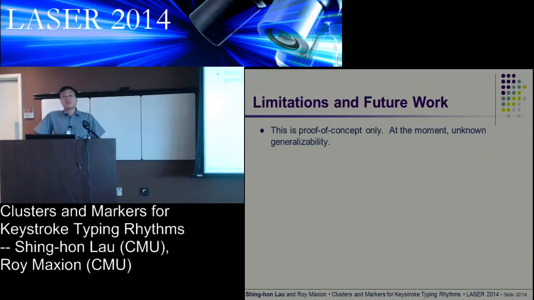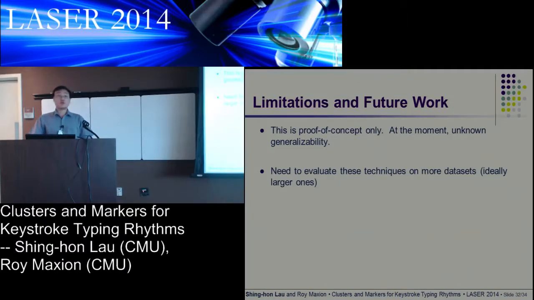Brings me to limitations and future work. Again, I'll remind you, this is proof of concept only. The generalizability of these techniques is unknown. What needs to be done to establish this generalizability is to evaluate these techniques on more data sets, and ideally larger ones. I'd also like to be able to correlate clusters with specific typing behaviors.